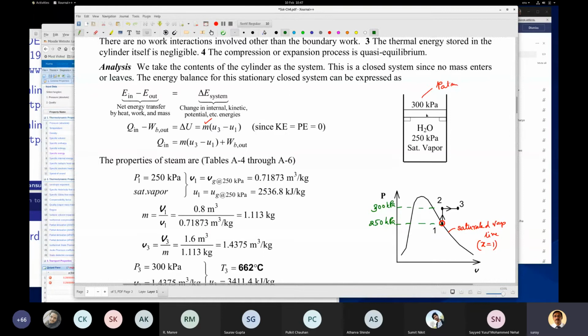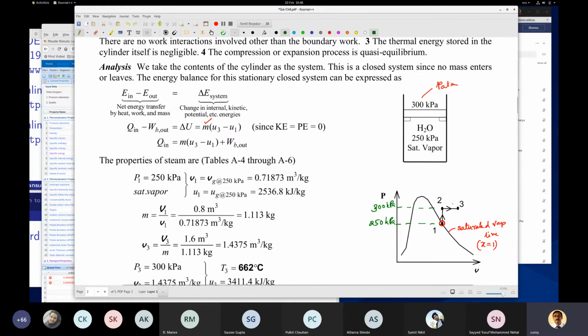There is a stop here and it is sitting, right? And there is 300 kilopascal. So when I put more heat into it, then what will happen? Then it will maintain 300 kilopascal, right? But the volume will increase. You have understood? So this is the piston. So here it is constant volume and here it is expansion.